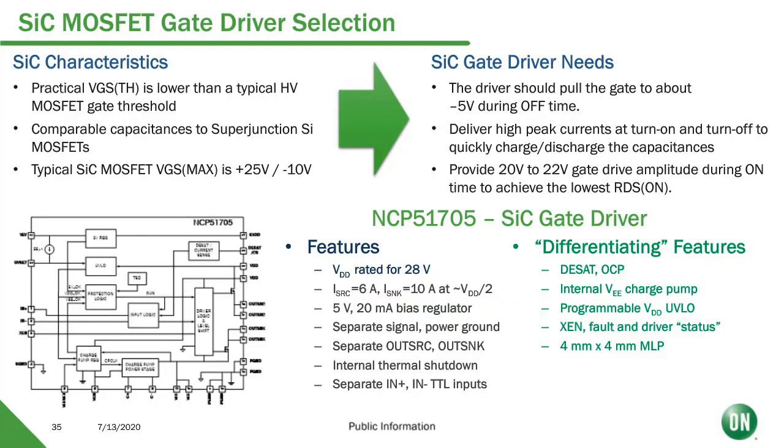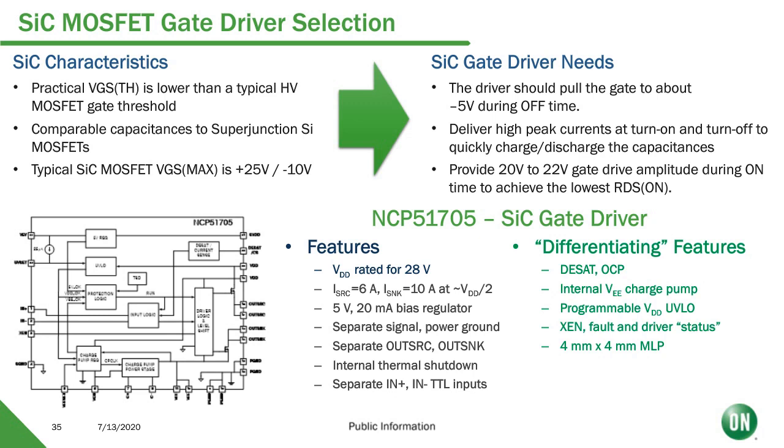Silicon carbide devices themselves are quite different in terms of how you want to drive them compared to superjunction devices. First, the VGS threshold of silicon carbide MOSFETs is normally lower than a typical high voltage MOSFET.